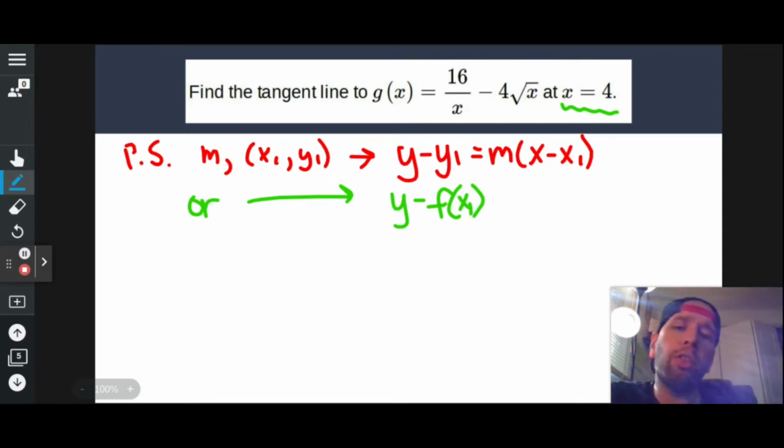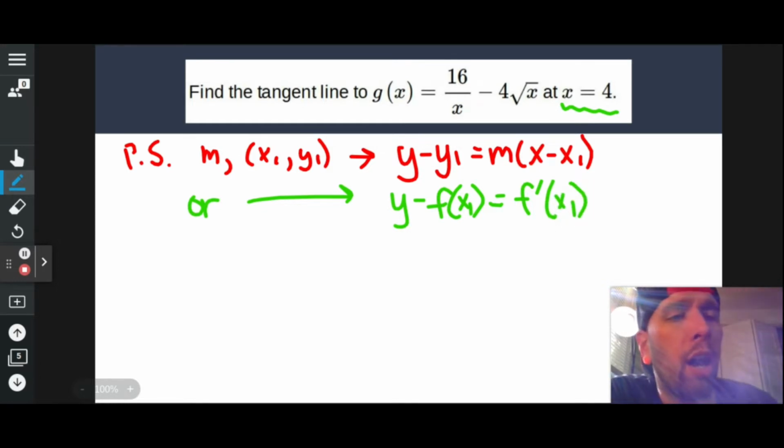I know we called this g of x, but usually we would write it out as f of x, or in this case, f of x sub 1. A book might call it f of x sub 0, whatever. That's going to equal the derivative, because slope is derivative, or derivative is slope, and then we would plug in that x sub 1 value, so m turned into that, times x minus x sub 1.